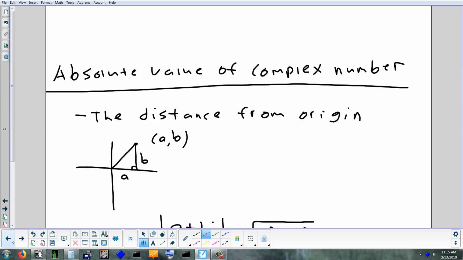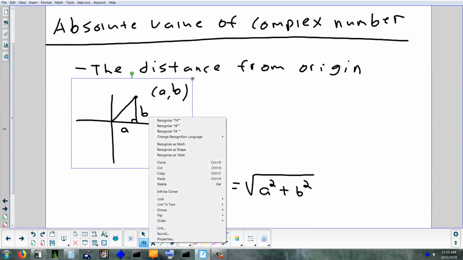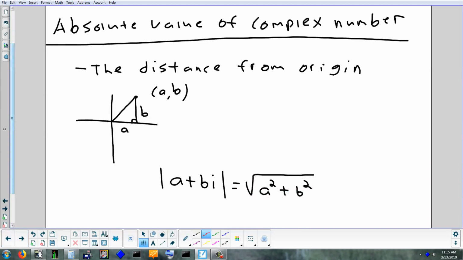It's just the Pythagorean theorem. So absolute value of a complex number, I already said it. Distance from the origin, real part squared, plus imaginary part squared, and then take the square root. Okay. And that's how you find the absolute value of a complex number.